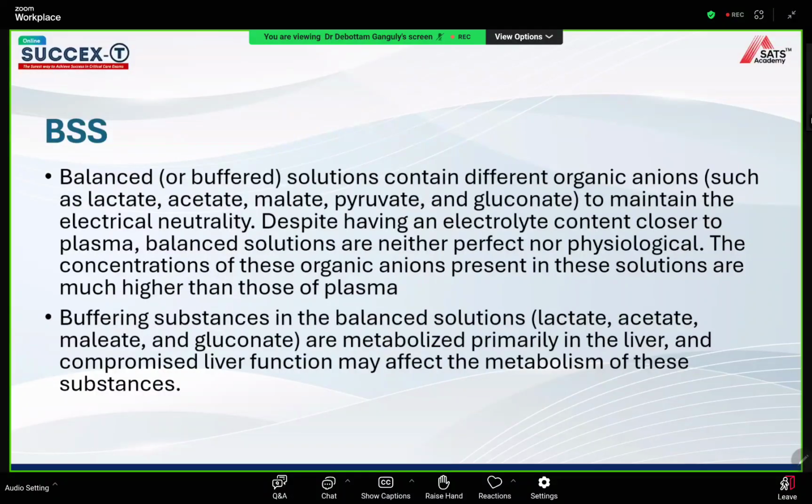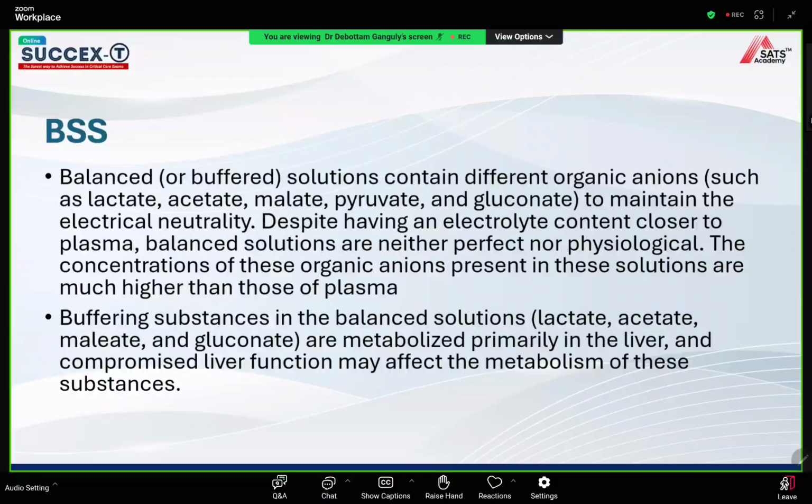Now, what about BSS, that is balanced or buffered solution? These contain different organic anions like lactate, acetate, malate, pyruvate, gluconate to maintain electrical neutrality. So with H2O dissociation, the increase of H plus ion does not occur. Despite having electrolyte content closer to plasma, balanced solutions are neither perfect nor physiological.